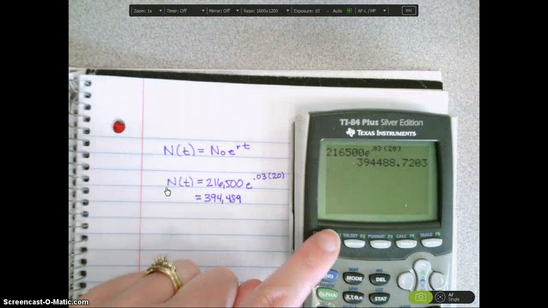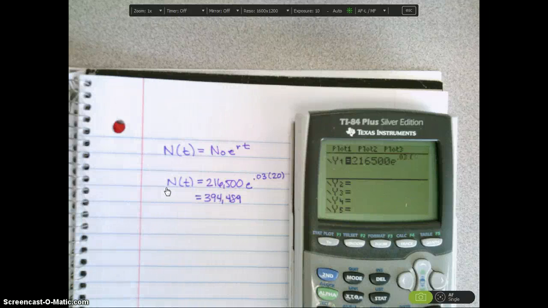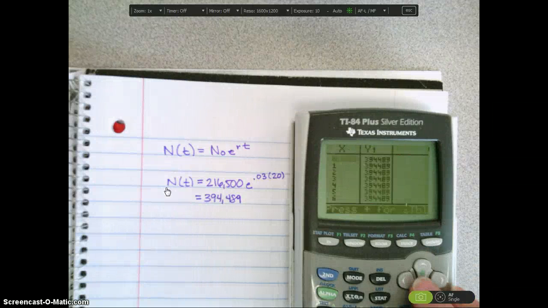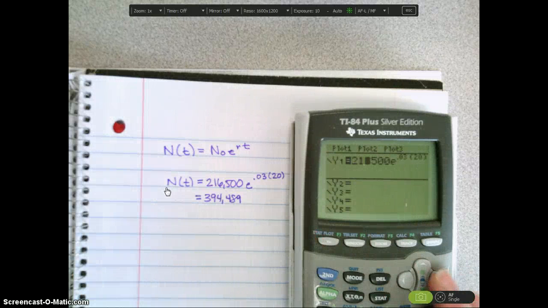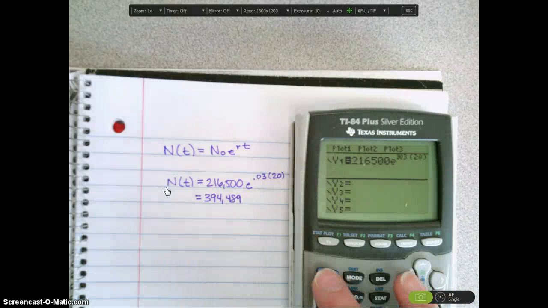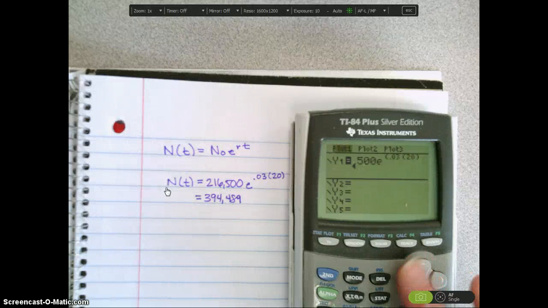Another thing we talked about when using our calculator was how you could graph it. So we could type 216,500 e raised to the 0.03 times 20. And then we talked about how if you do second graph, it gives you a list of values. Oh, my bad.